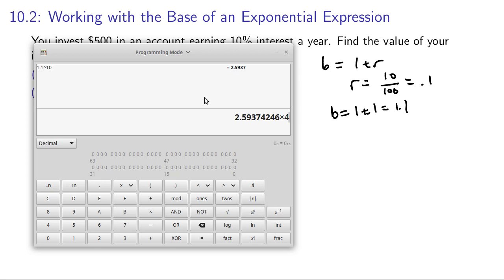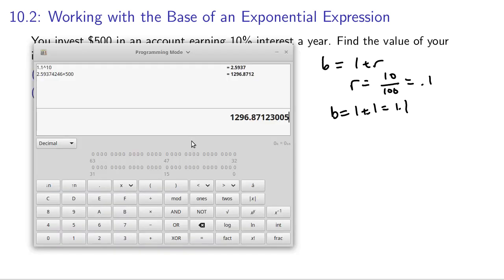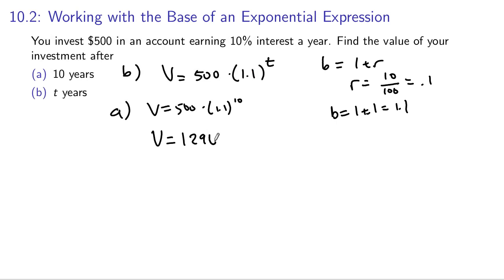Multiply by our $500 that we start with, and we get 1,296 and 87 cents. So our value would be $1,296.87.